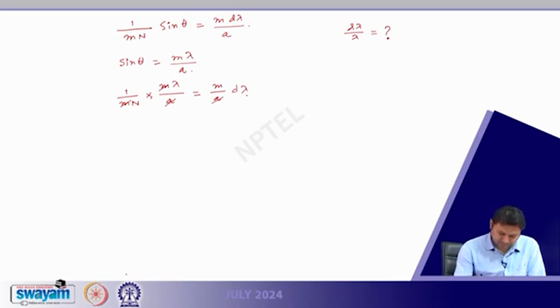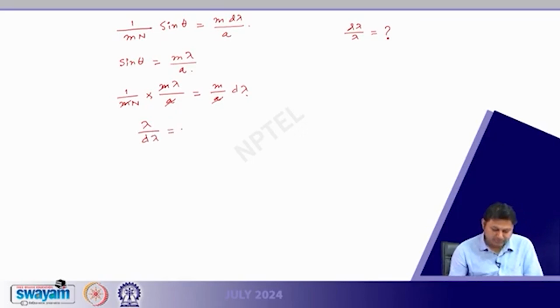So, lambda divided by d lambda is equal to m multiplied by n.